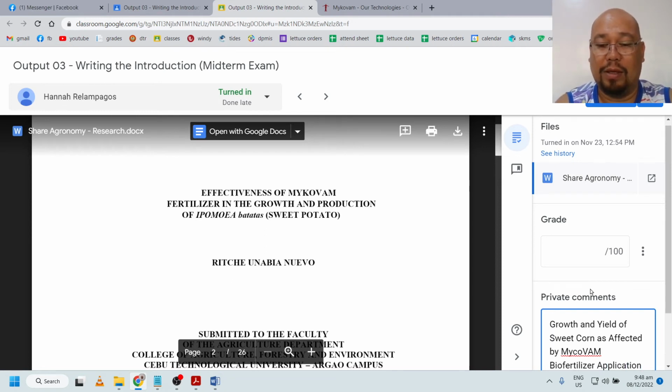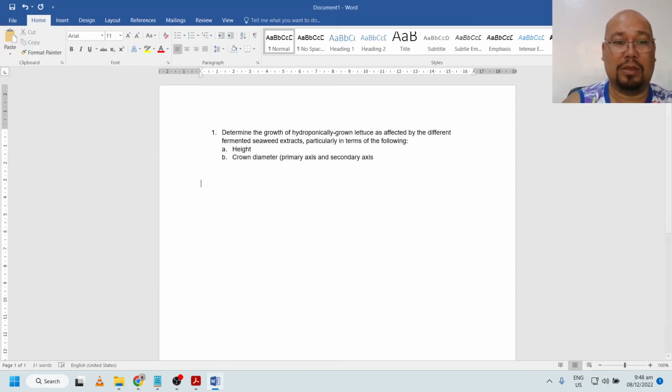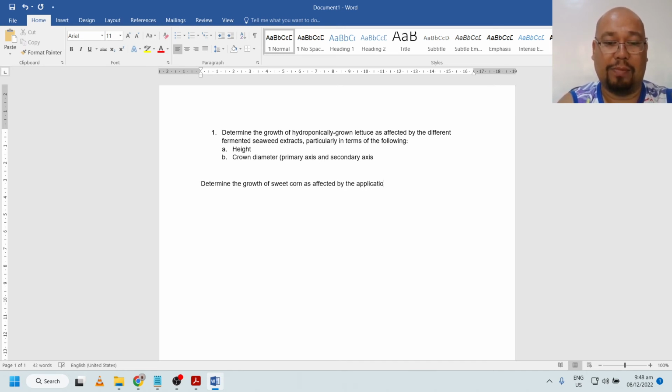Okay? So for an example of the objective: determine the growth of sweet corn as affected by the application of Mycovam biofertilizer, something like that.